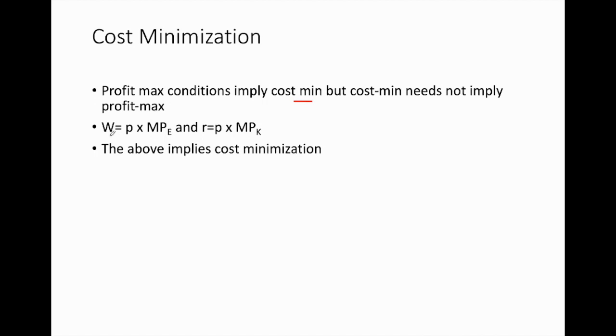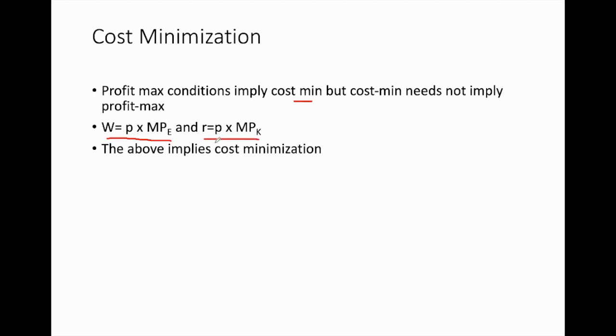So again, when we look at the input mix that we have, that is capital and labor, for this expression or this equation, we say that this is the rule that we use to identify the optimal number of workers to hire, where the wage rate equals the value of marginal product of worker as given by this expression.